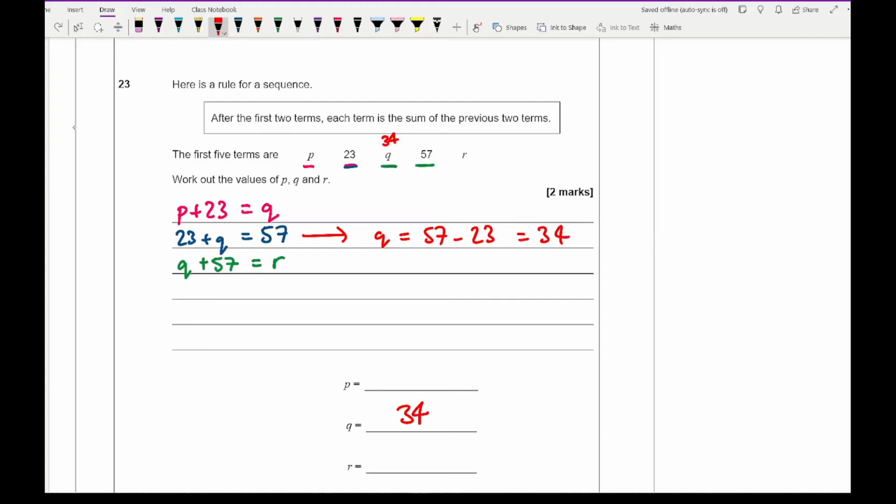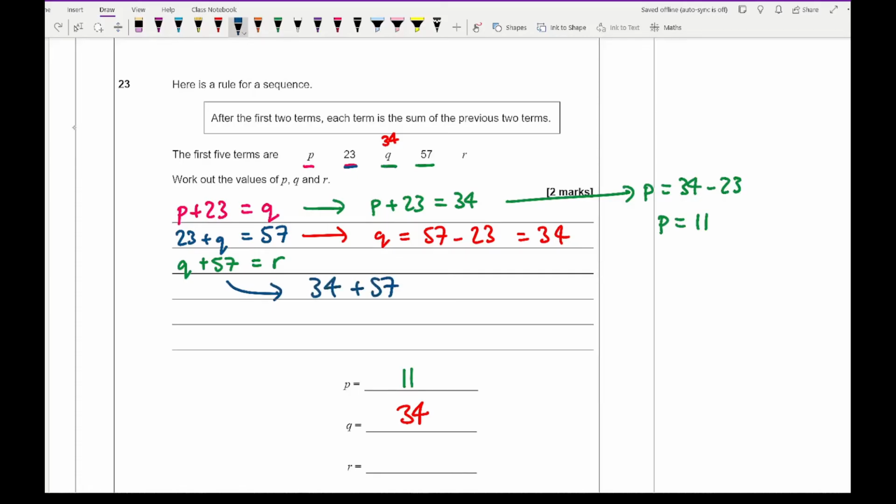Now that I know that Q equals 34, I can look at this and say that P plus 23 equals 34. So P equals 34 minus 23. So P is going to equal 11. And then finally, I can work out what R is, as Q is 34. So it's going to be 34 plus 57 equals R. So R equals 91.